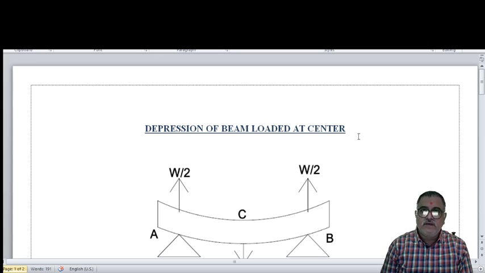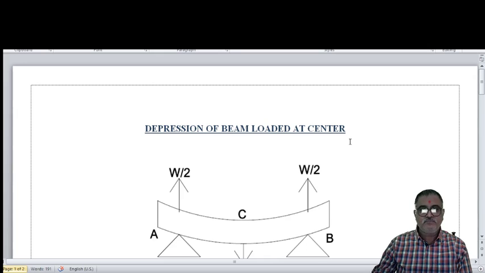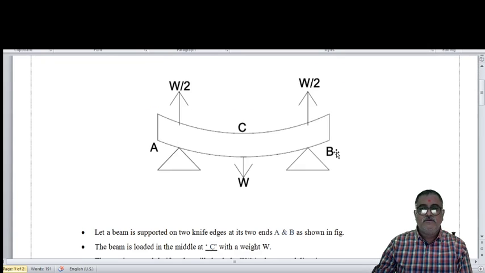And here is the case when there is a beam which is supported at two ends and the load is attached to the center. Then what is the depression we get?